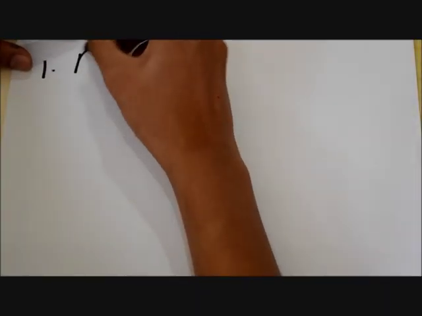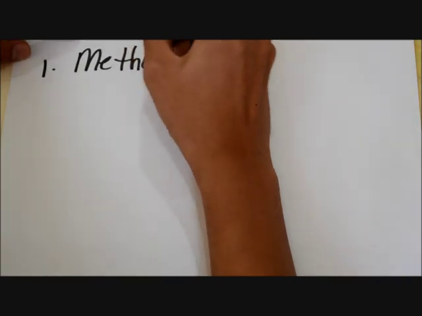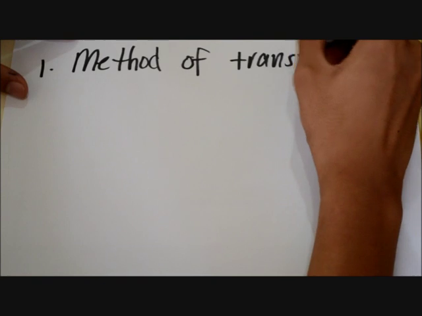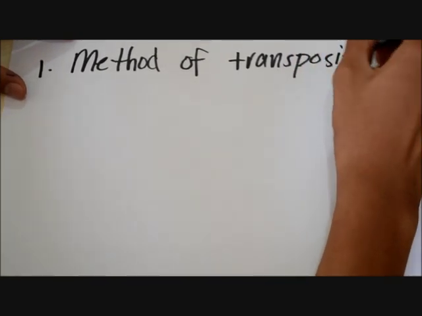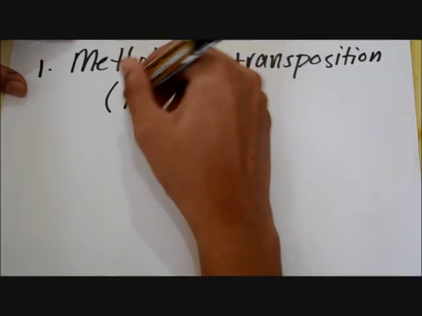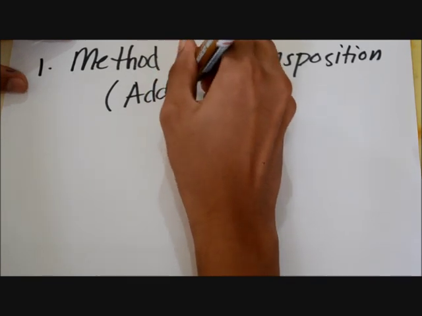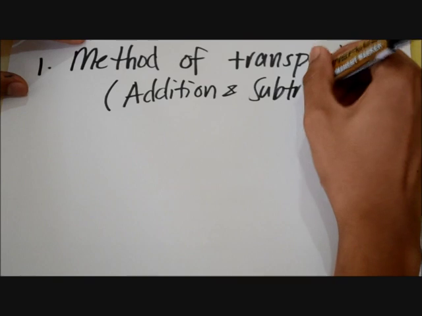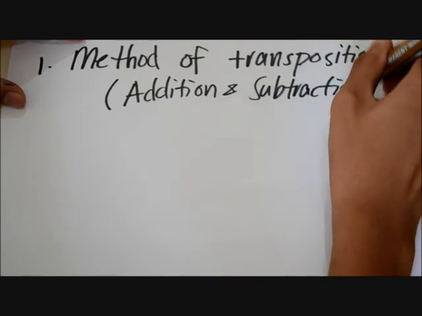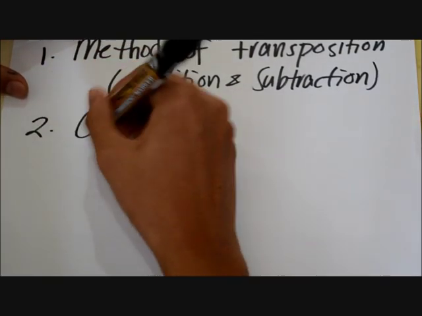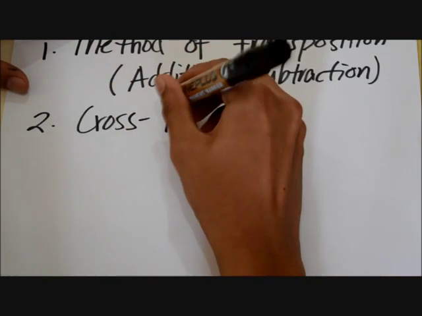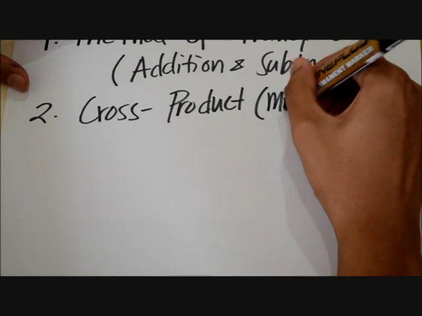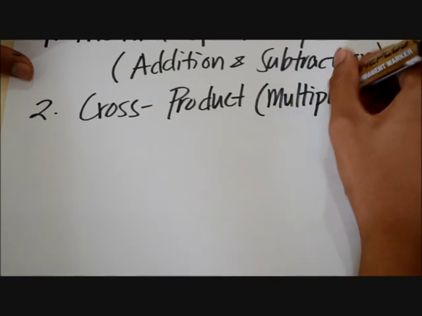First is the method of transposition. So this is for equations where addition and subtraction are involved. Second is cross product, wherein multiplication or division is involved.